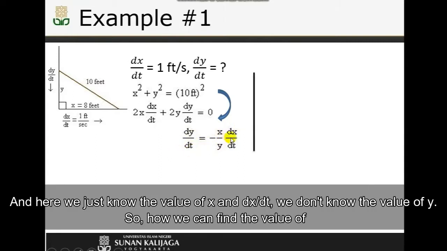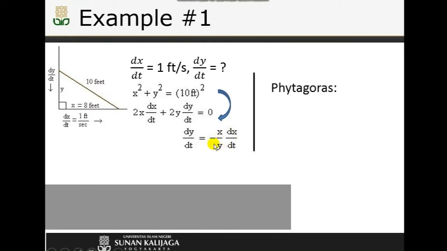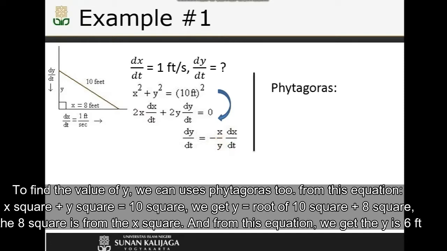Here we just know the values of x and dx over dt. We don't know the value of y. So how can we find the value of y? To find the value of y, we can use Pythagoras too.